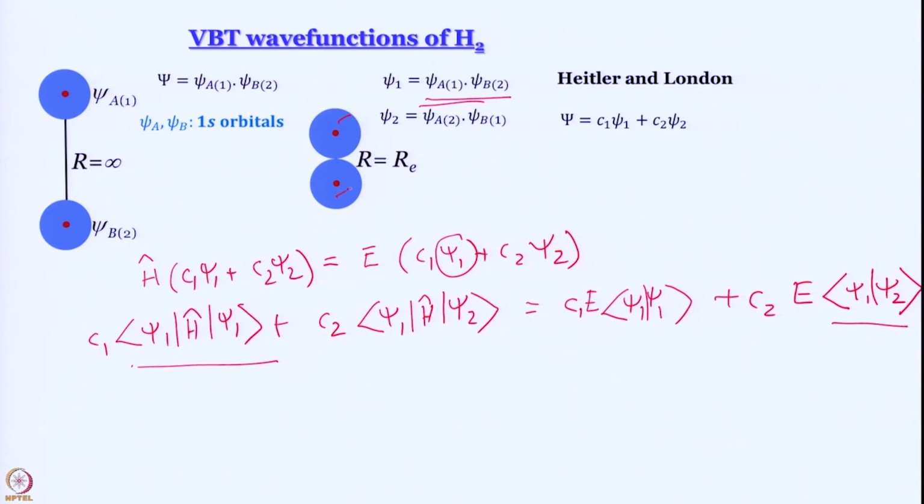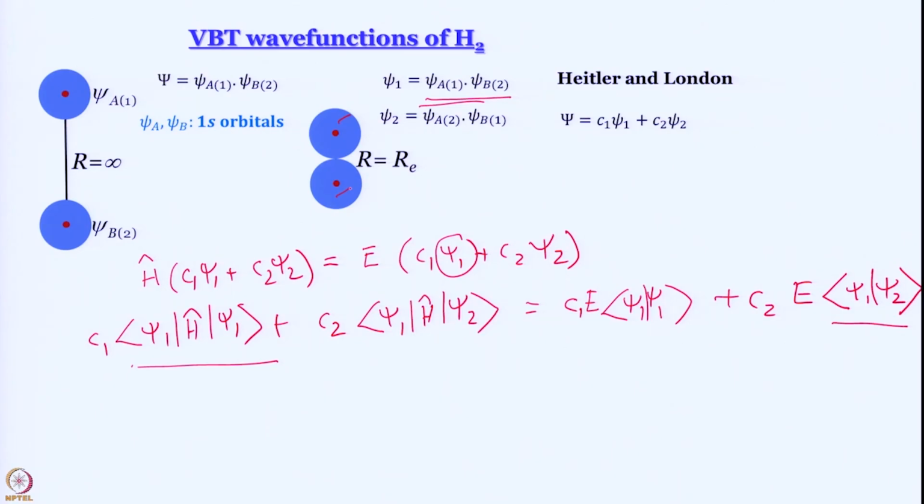These two 1s orbitals are not mutually orthogonal. This is a concept where sometimes we get confused. Two orbitals or two wave functions of the same system, if they are not the same, of course they have to be orthogonal to each other, but of different systems they are not orthogonal. In fact, as we will see, we are going to get some new quantity out of all this.